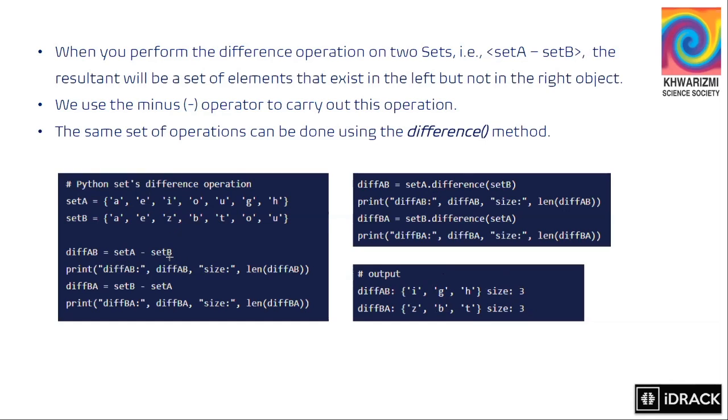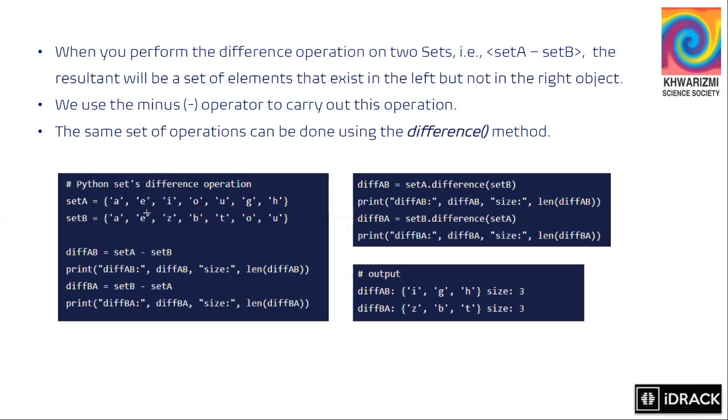Now, what it's done here is, if you notice, set A minus set B. Set A was A, E, I, O, U, G, H, and set B was A, E, Z, B, T, O, U. When it subtracted this one from this, it deleted all the elements that it could find in set B. It found A within set B, so it deleted that.